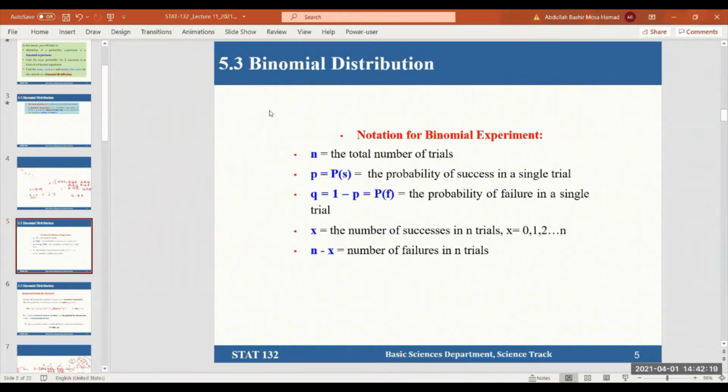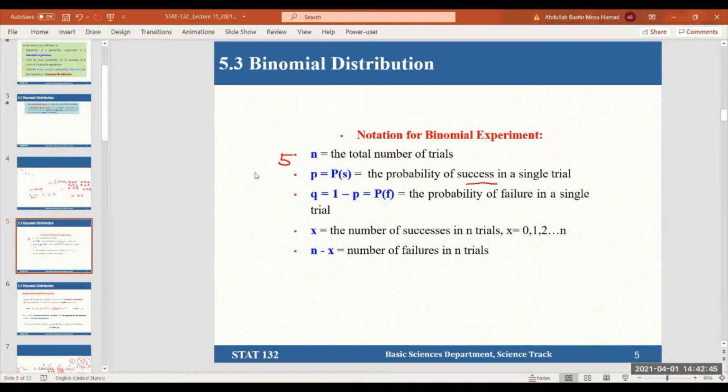N is the total number of trials. In our first example, if we are talking about a family of five kids, then n equal 5. If we are interested in boys, our success is getting a boy.